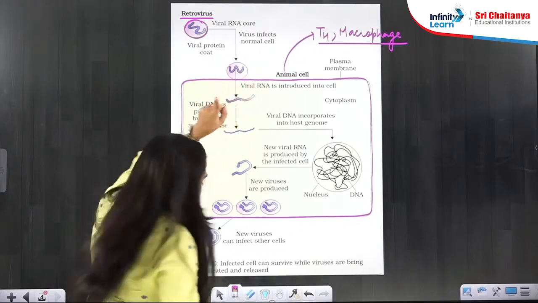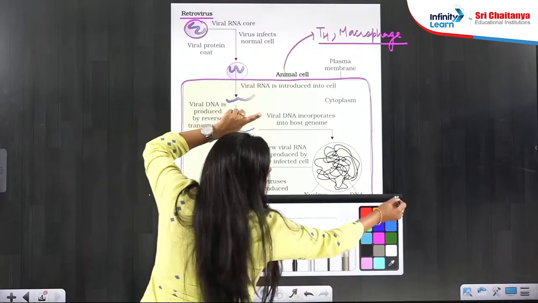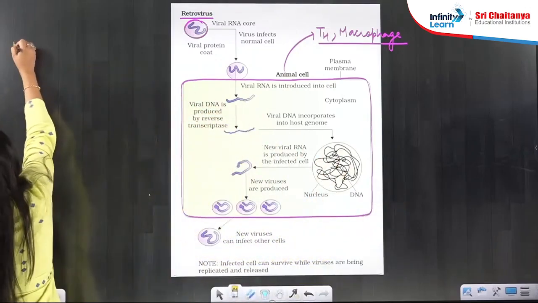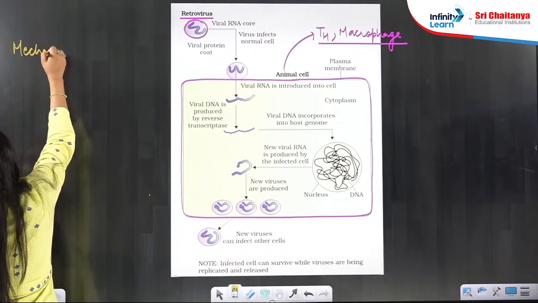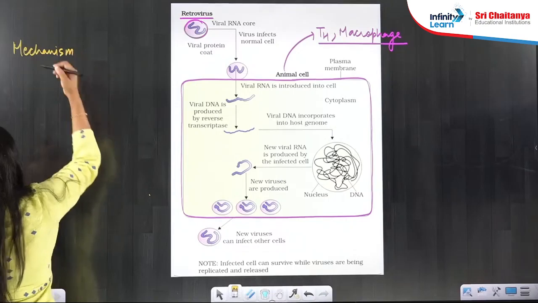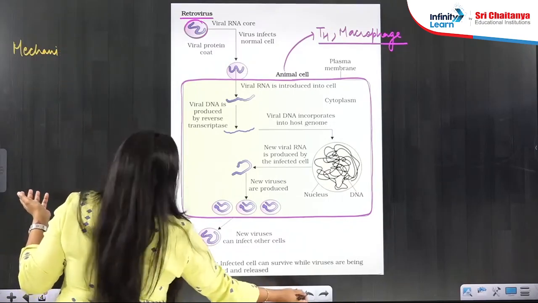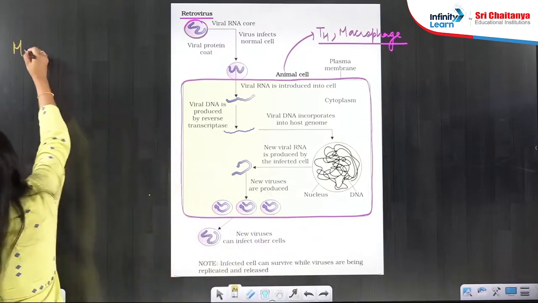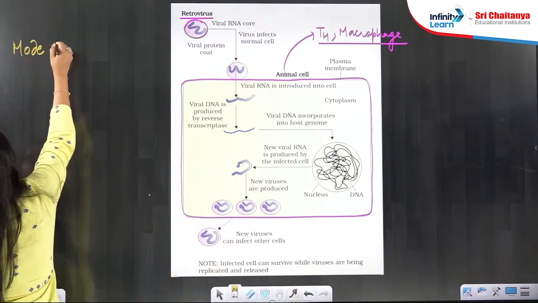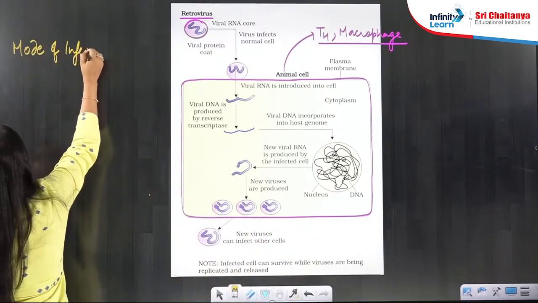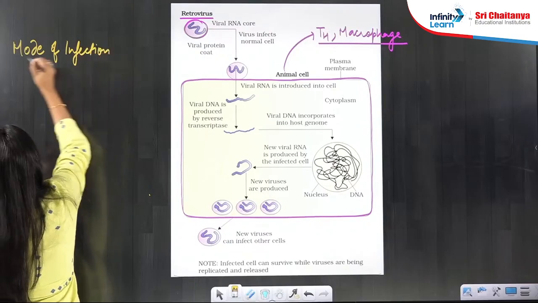This is the first step. We are seeing the mechanism, or you can write we are seeing the mode of infection. So what is the first step?